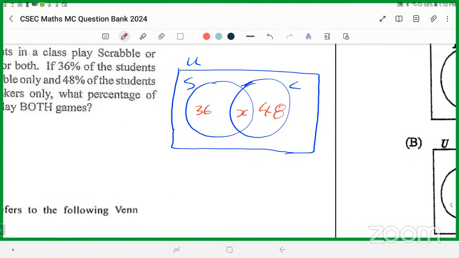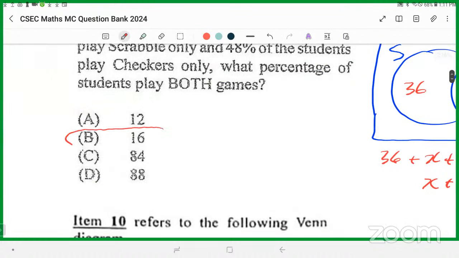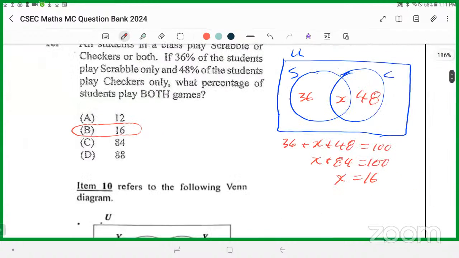That becomes 16 this time, because you know that 36 plus X plus 48 must equal 100. 36 plus 48 is 84, so X plus 84 equals 100. Subtract that, and you get X equals 16. The answer is 16%. All right, that is that.